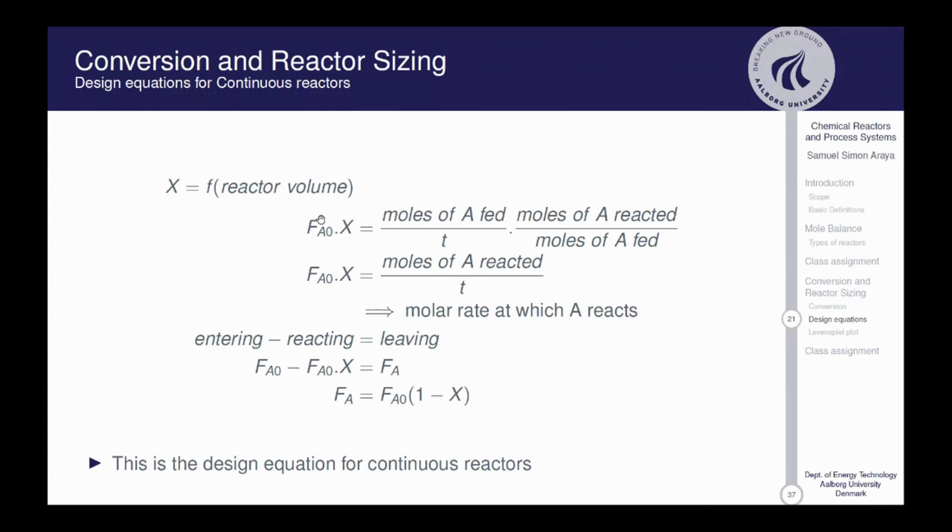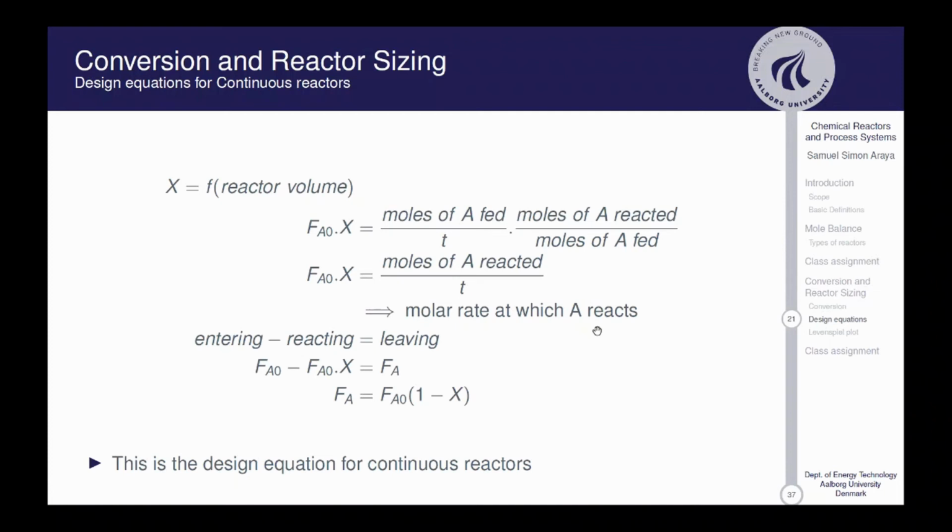In this case, we can just say that the molar flow of A times the conversion is the moles per unit time, and then moles of A reacted by moles of A fed. Just how we previously defined conversion, and then we can just cancel out moles of A fed by moles of A fed, and therefore the molar flow of A times the conversion is moles of A reacted divided by time. So this is the molar rate at which A reacts.